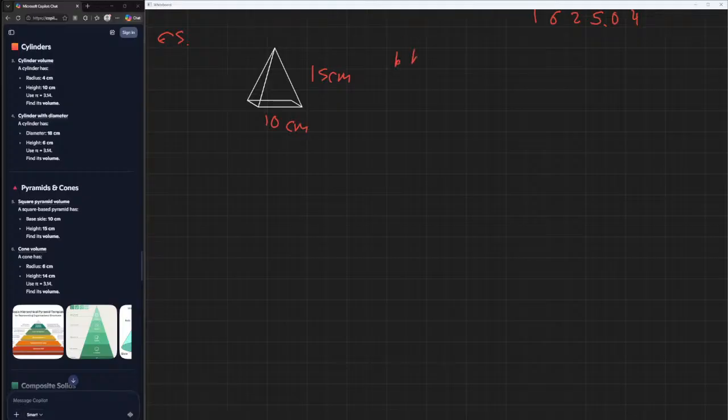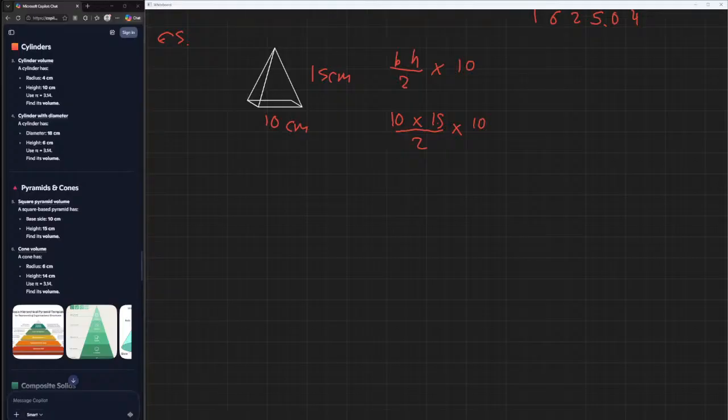No, I don't know. Because if we have this, I don't know, we don't have this, but divide by 2 and then maybe times 10. That's what I think it is for this one. So the base is 10 times the height, 2 times 10. 10 times 15 is 150.